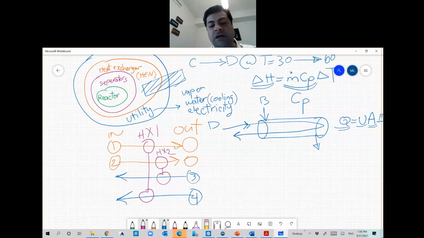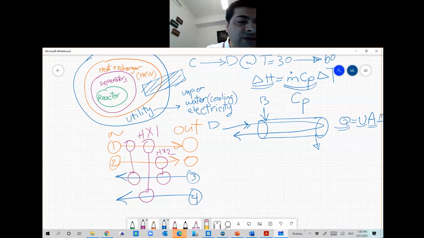But maybe, depending on how you design, you end up with a condition that one extra heat exchanger is required for one given stream to have further heat exchange.